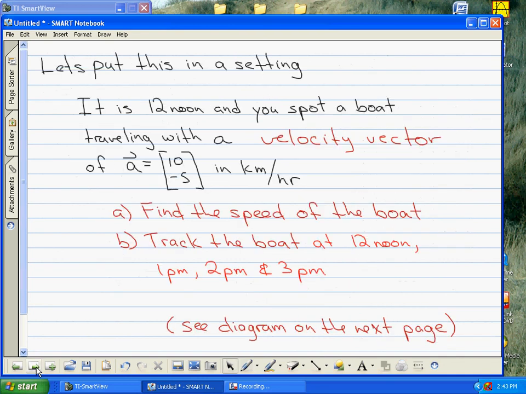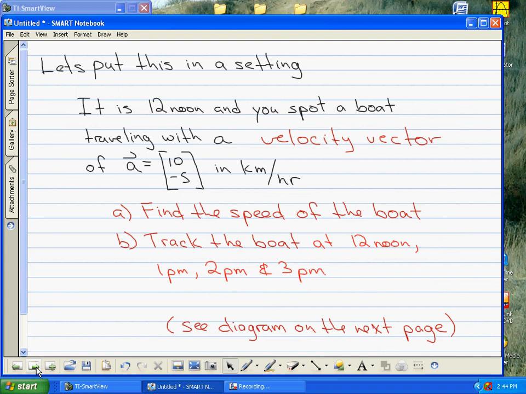Now let's put this in a practical setting. It is 12 noon and you spot a boat traveling with the velocity vector A equals 10, negative 5 in kilometers per hour. A, find the speed of the boat, and B, track the boat at 12 noon, 1 p.m., 2 p.m., and 3 p.m. See the diagram on the next page.